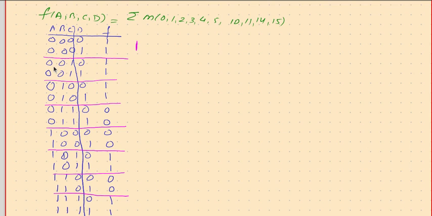For ABC 0 0 1, again when D is 0, the output is 1, and when D is 1, the output is 1, so it doesn't make any difference what the value of D is. For 0 1 0, again in both cases it is 1. For 0 1 1, in both cases of D the output is 0, so I will say it is 0. For this also it is 0, for this it is 1, for this it is 0, for this it is 1.